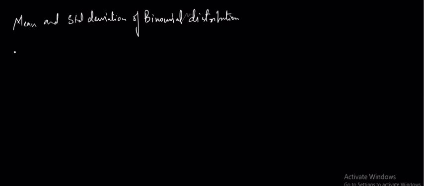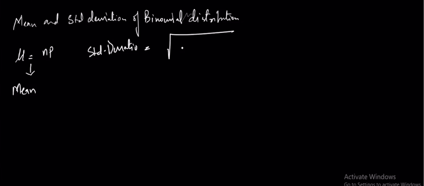The mean is given by mu and it is equal to n into p. We have already introduced the notations. And the standard deviation is going to be given by the square root of n into p into q. So this is the way we calculate the mean and the standard deviation of the binomial distribution.